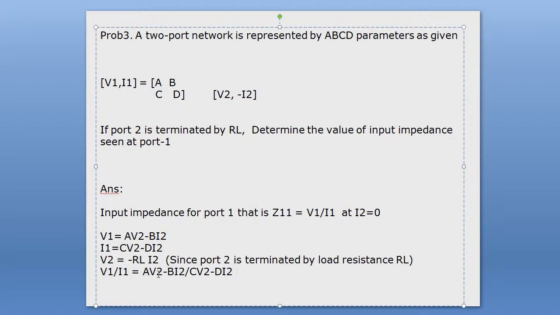Very simple problem, not a complex problem. Just write within a bracket for better understanding, to avoid confusion. Now we can write the value of V2. V2 equals minus RL I2.